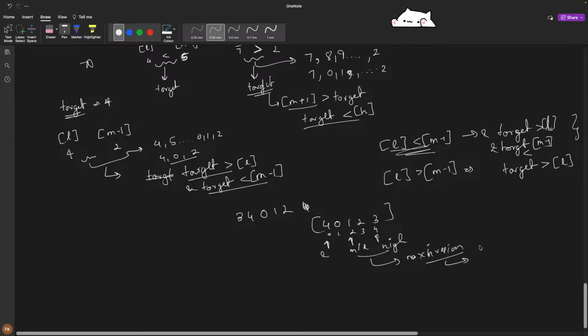When no inversion, we can just check if target falls between these two extremes, right?